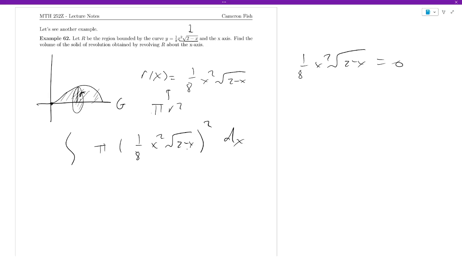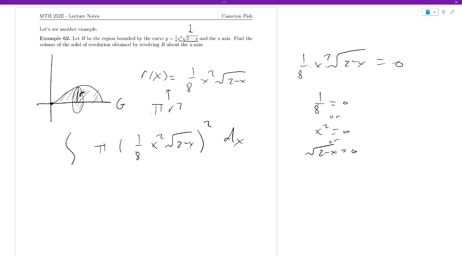Remember, we can have this logic where if I have something times something is 0, then one of the pieces has to be 0. So here the three possibilities are an eighth equals 0, x squared equals 0, or root 2 minus x equals 0. The fact that I have something times something times something equals 0 means that at least one of these things has to be true.